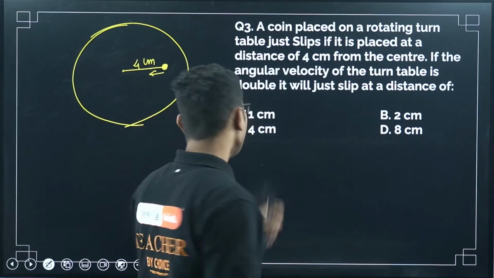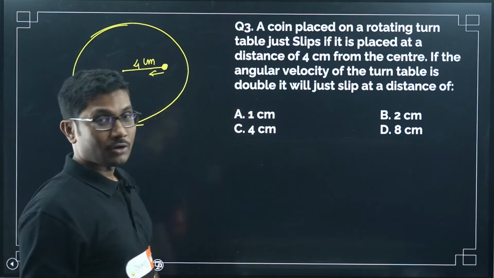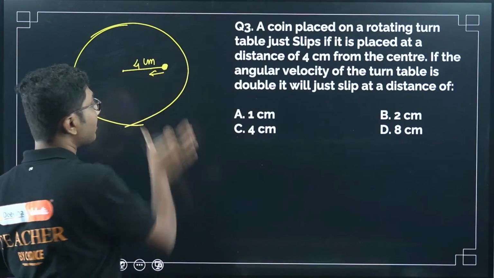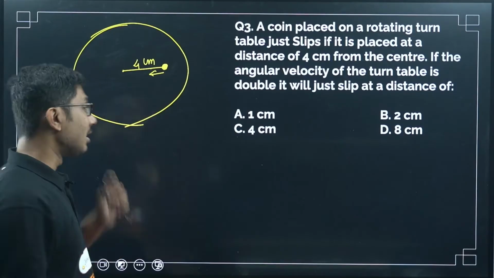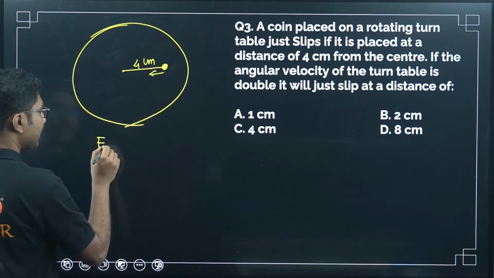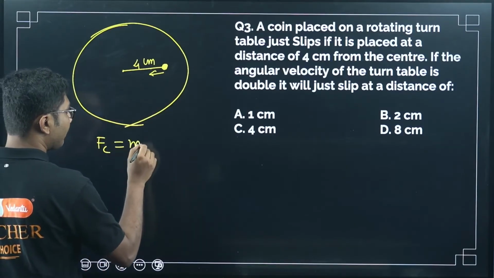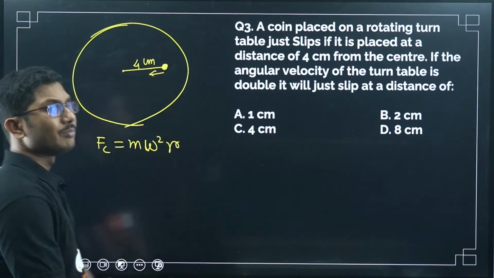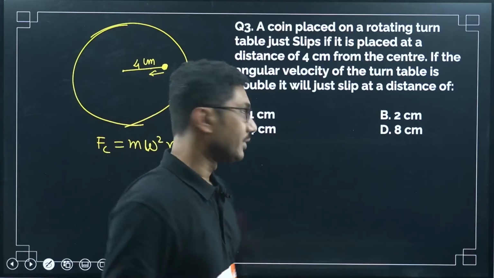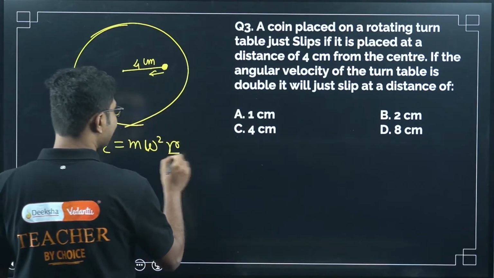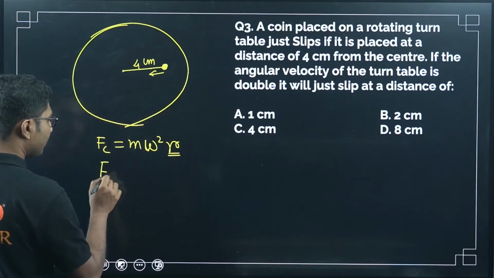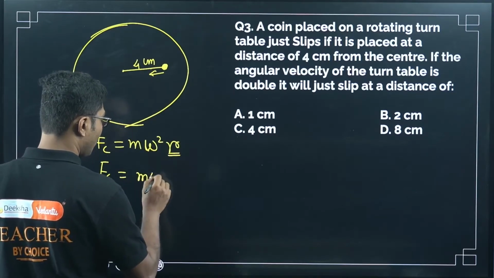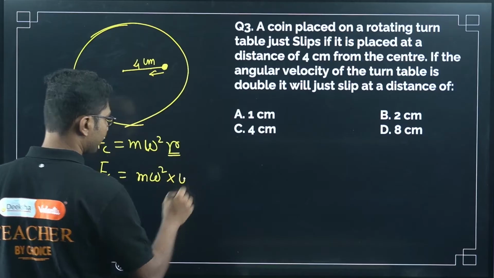So that force of friction will remain constant no matter where you place it. That force of friction is independent of the distance, but the centripetal force Fc, which is equal to m omega square r, will vary from case to case. Now in the first case where r is 4 centimeters, what was the required centripetal force? So m omega square times 4.